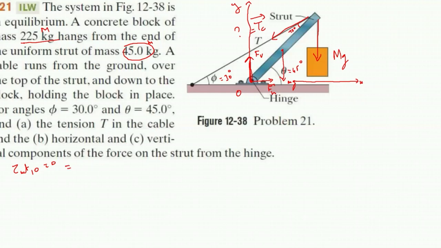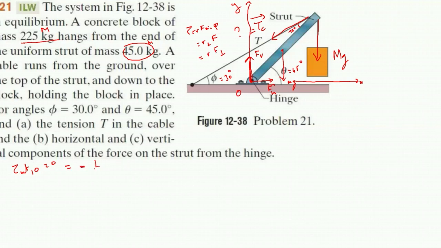So what is the net torque for the weight? You have two or three ways: either you use torque is RF sine phi, or R perpendicular F, or R F perpendicular, as you wish. Here let me just use RF sine phi. Of course it will be negative, so I will have minus. What is R here?